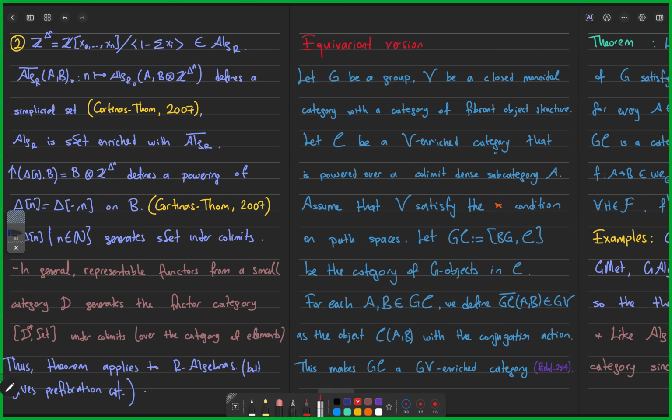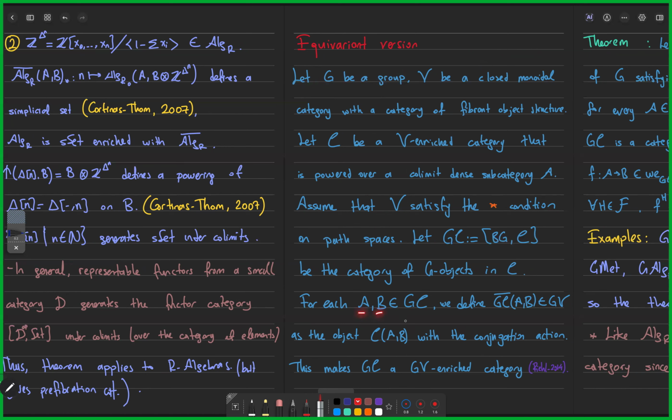C is V-enriched and powered over a colimit dense subcategory, and we satisfy the condition star in the previous theorem for path objects. Define the category of G-objects in C as the functor category from the one object category of the group to C. So this is the category of G-objects in C, I mean objects with a group action, in other words, with G-equivariant maps.